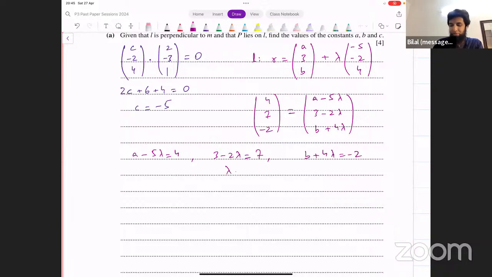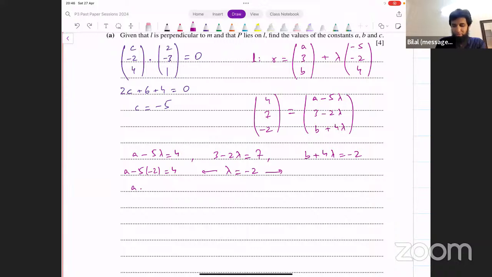Let's find the value of lambda from the middle one, because there we only have one unknown, that's lambda. What does that turn out to be? Lambda here turns out to be minus 4 over 2, which is minus 2. Put that value of lambda here and here, and that will give you the value of a and b. a minus 5 into minus 2, that equals 4.